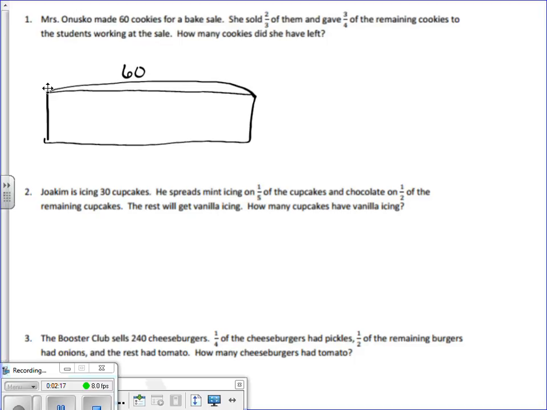So what would be the way that you would do this tape diagram? Okay, you can put it in parts of 12. Do you have to put it in parts of 12? No. So I'm going to do two different ways.